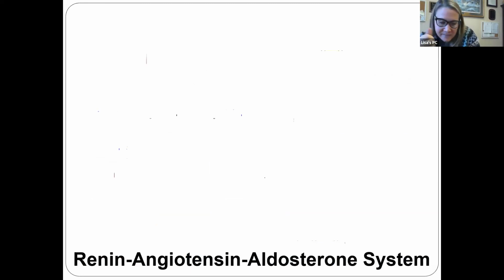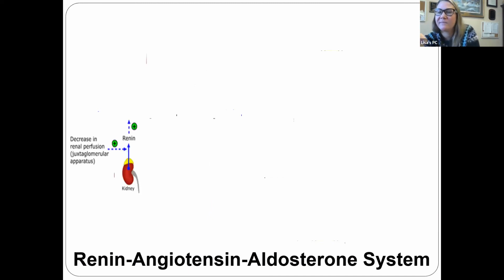So a little bit of physiology about how these systems are controlled, and I think this is probably a review, but maybe more a review for some of you than others. Remember, aldosterone secretion is not controlled by the pituitary and ACTH. Aldosterone secretion is controlled by the renin-angiotensin-aldosterone system.